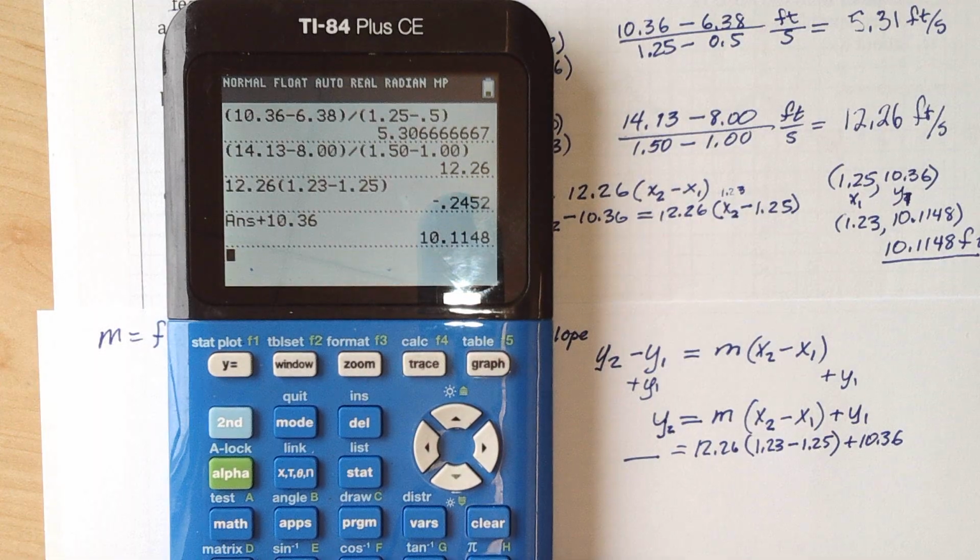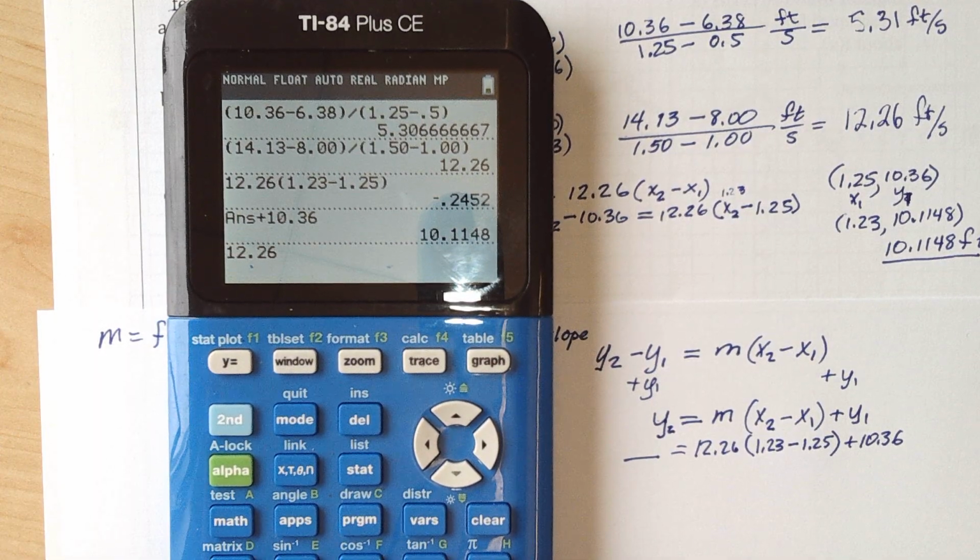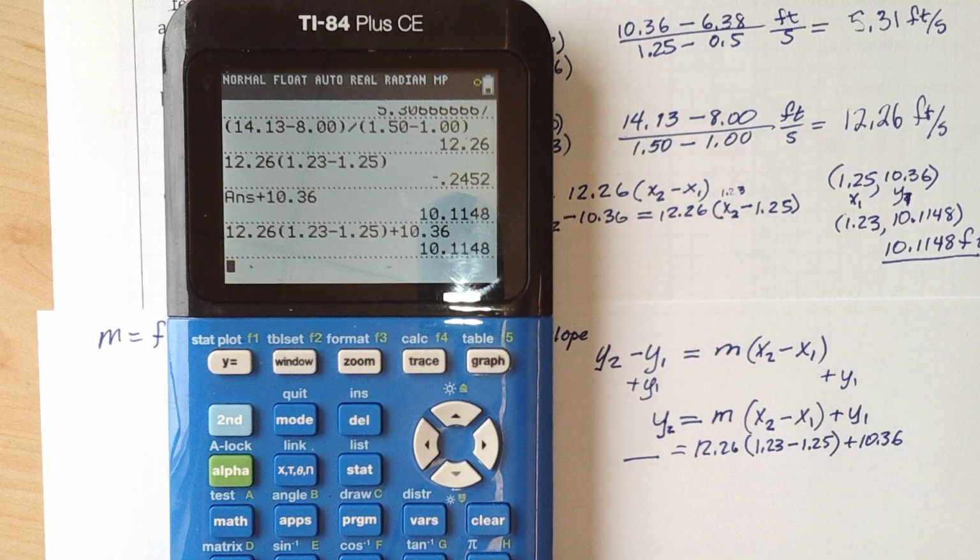So I'm going to do that here. I'm going to go to 12.26 parentheses 1.23 minus 1.25 close parenthesis plus 10.36, and I get exactly the same answer.